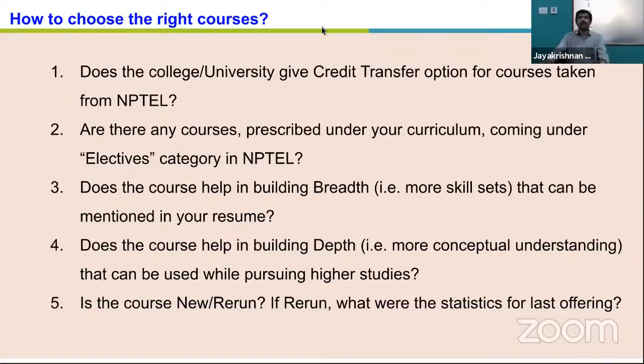So I'll just pause it for a moment. What I'll do right now is I'll come back and take certain questions from you. If you have any questions related to courses, how you select, any doubt regarding what I mean by depth, breadth, what your passion is and all those things, you can ask at this point.